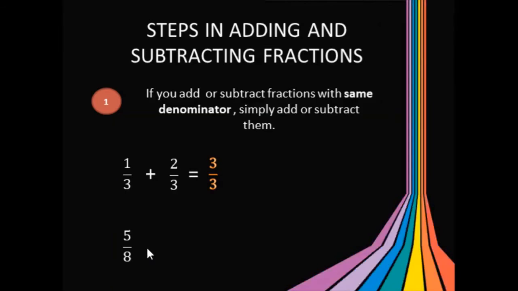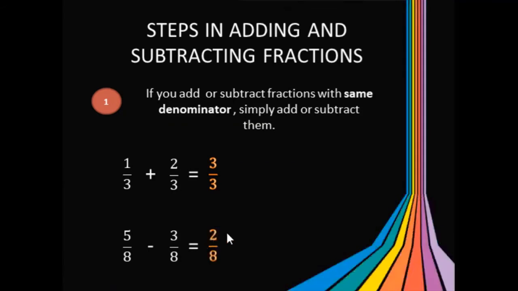Let's have another example. 5/8 minus 3/8. They are both 8 and 8, so no problem. You subtract it directly. 5 minus 3 is equal to 2 and copy 8. So we get 2/8.